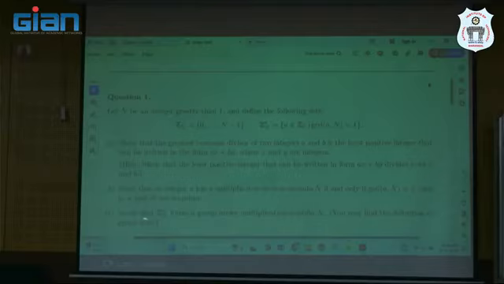Firstly, let us verify that Z star n forms a group under multiplication.